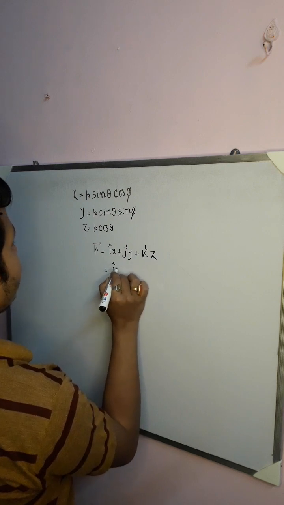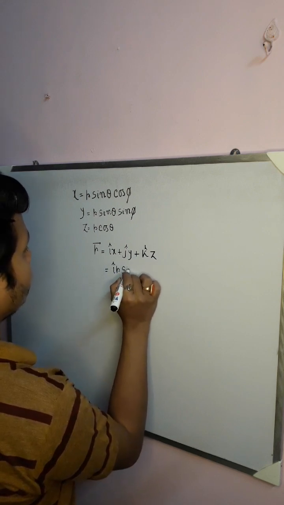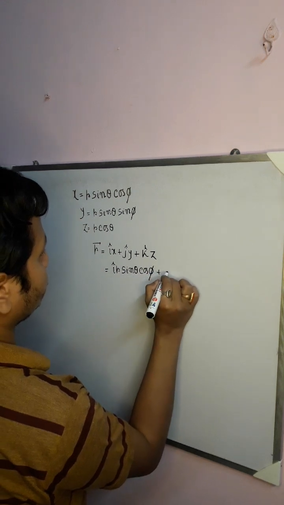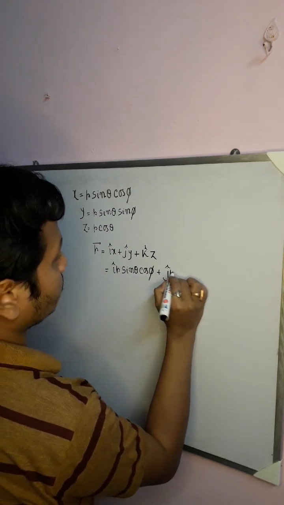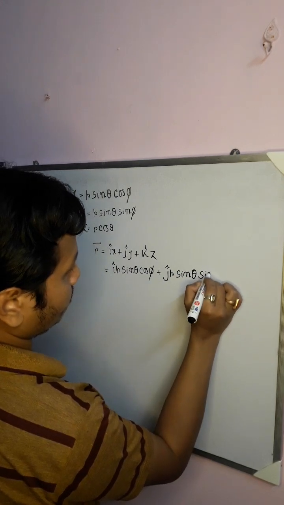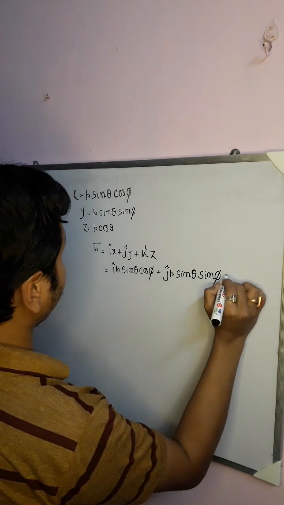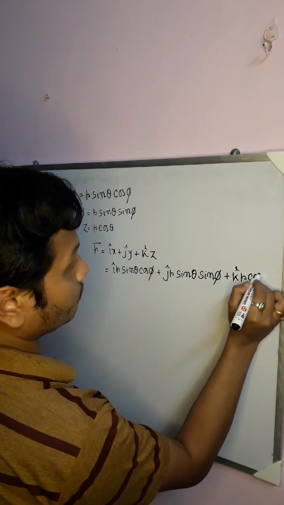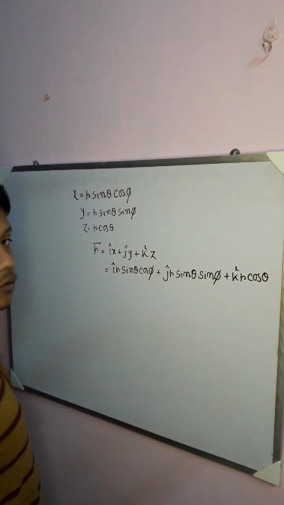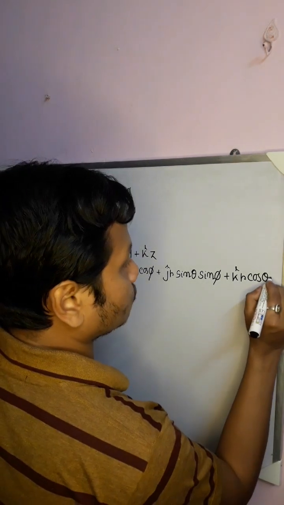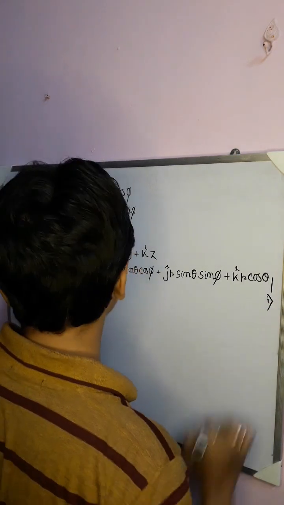So i cap times r sin theta cos phi, plus j cap times r sin theta sin phi, plus k cap times r cos theta. Let us give it a name, say 1.